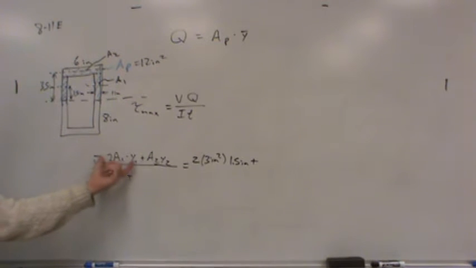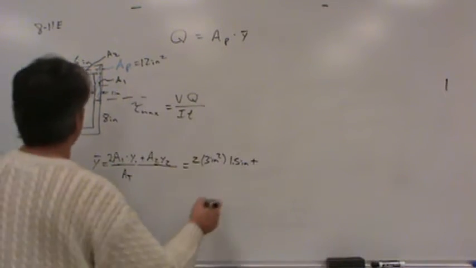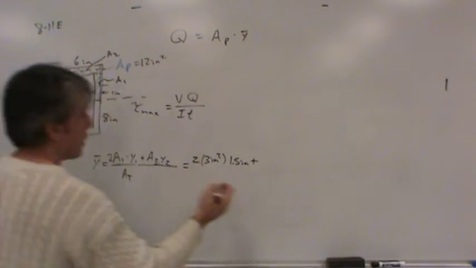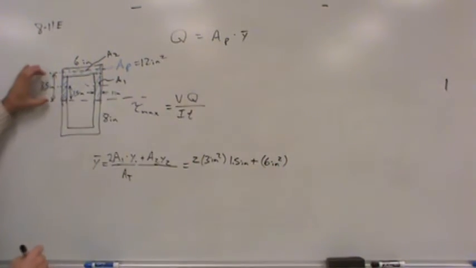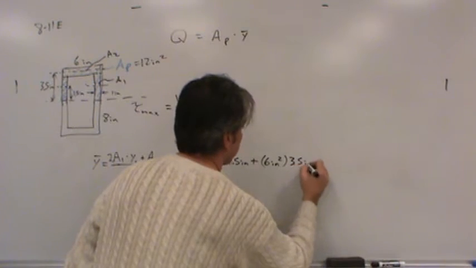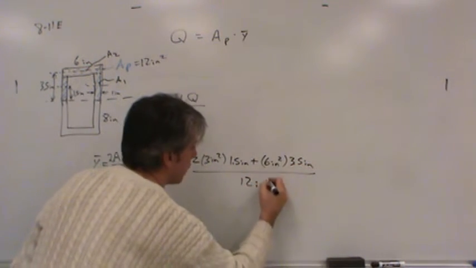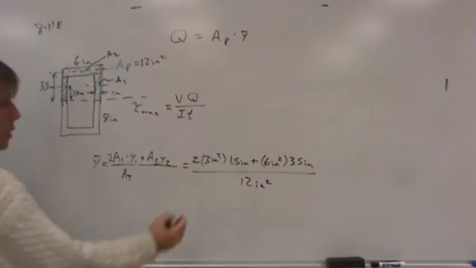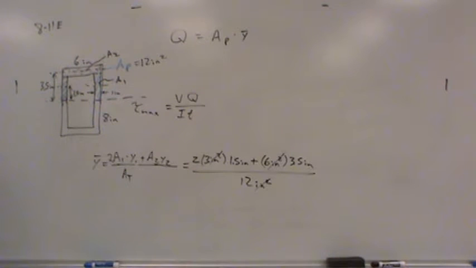So there's the area moment of both of these areas. Now I need the area moment of this area. So that would be plus 6 inches times 1 inch would be 6 square inches. And then the height to that line is 3.5 inches. And we've already decided the total area is 12 square inches. So notice the inches squared will go away and we'll just be left with something in inches, which is what we expect.